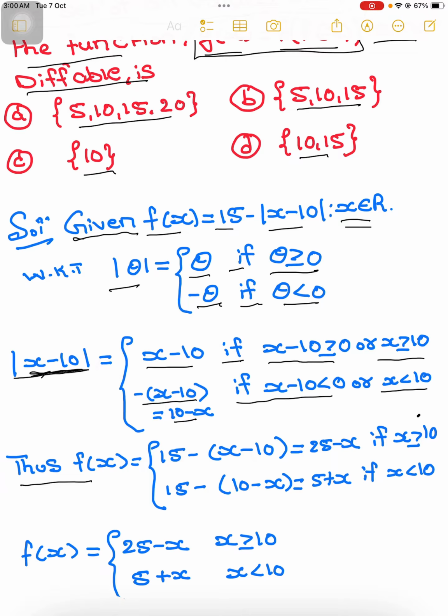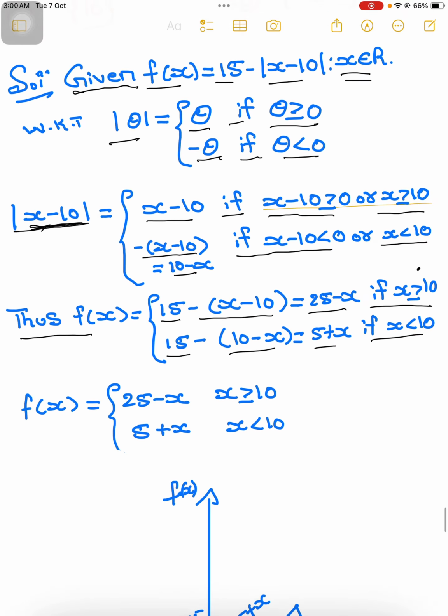Thus f of x equals 15 minus (x minus 10), that is after calculation 25 minus x if x is greater than or equal to 10, and 15 minus (10 minus x), that is 5 plus x if x is less than 10. Finally, f of x is 25 minus x if x is greater than or equal to 10, and 5 plus x if x is less than 10.